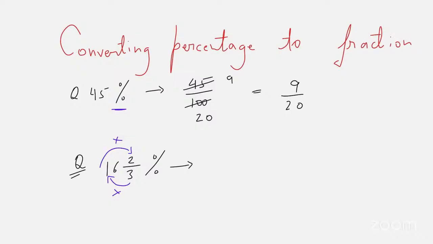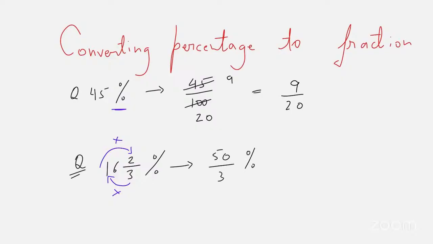So I will do 16 into 3, which is 48, plus 2, 50. I will write it as 50 upon 3%.